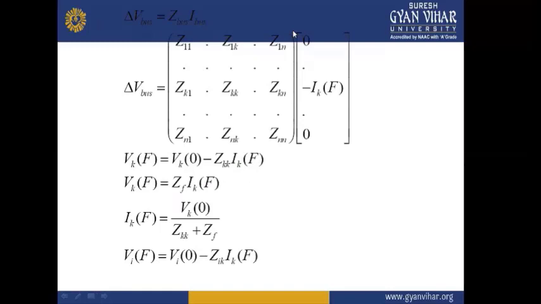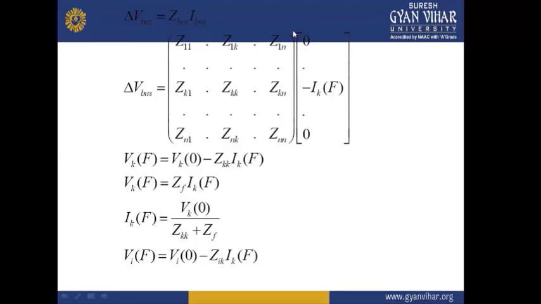Therefore, the change in the bus voltage will be equal to Z bus into I bus, where Z bus is the bus impedance matrix. That is Z11, Z1K, Z1N, ZK1, ZKK, ZKN, ZN1, ZNK, and ZNN.